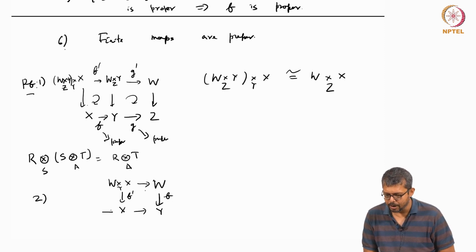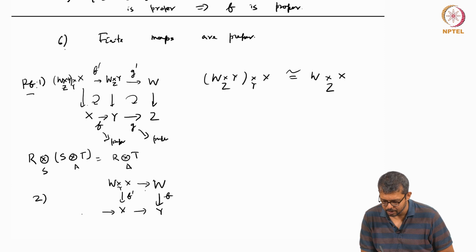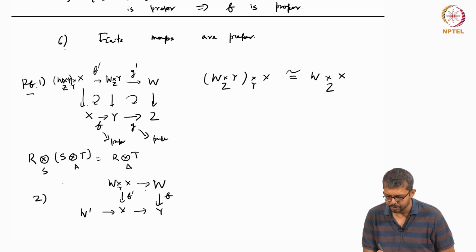Now, if you further change, so what you want to do, f is proper, you know, you want to prove that f prime is proper. So, again you say some, say W prime. So, then it will be W prime cross W, or W prime cross W cross X over Y, right? This is over X.